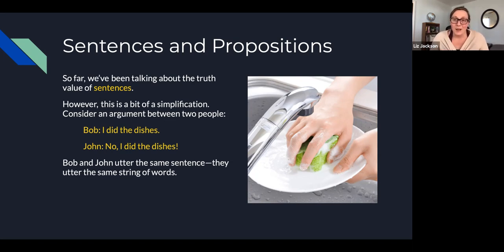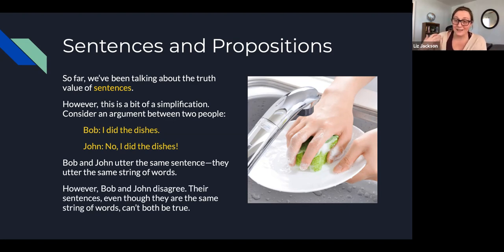But clearly, Bob and John disagree. Bob thinks Bob did the dishes and John thinks John did the dishes, right? So even though they're uttering the same sentence, one is saying something true and one is saying something false, depending on who actually did the dishes. So the things that they say can't be true at the same time, even though it's the same sentence.